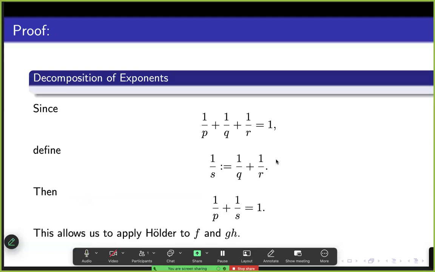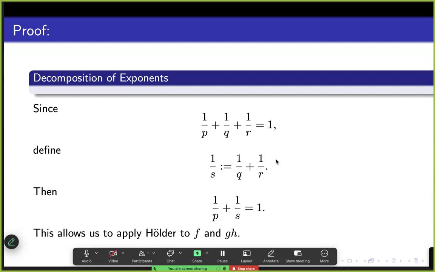It is given that 1/p + 1/q + 1/r = 1. Now we define a new variable s by 1/s = 1/q + 1/r. Then the equality becomes 1/p + 1/s = 1.